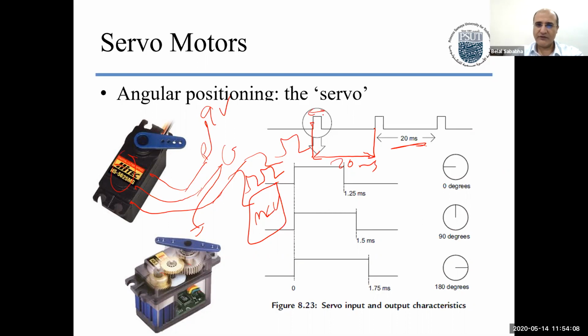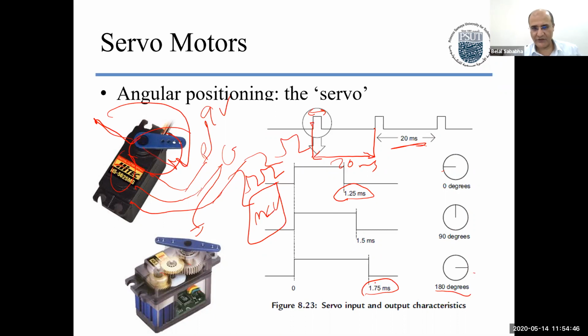Okay, and the pulse width now relies on the degree. For a 100 degree servo that moves from the extreme left to the extreme right, usually the pulse width, it could be plus or minus this amount, but it is usually 1.25 milliseconds for 0 degrees, 1.75 milliseconds for 100 degrees to make this arm turn from here to here, okay?